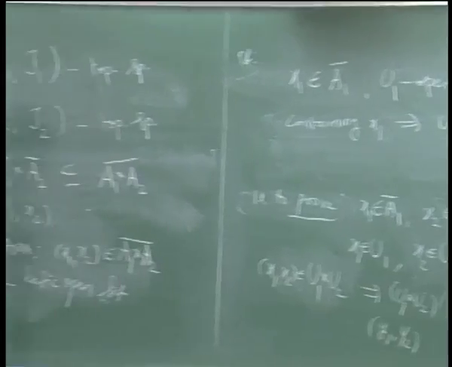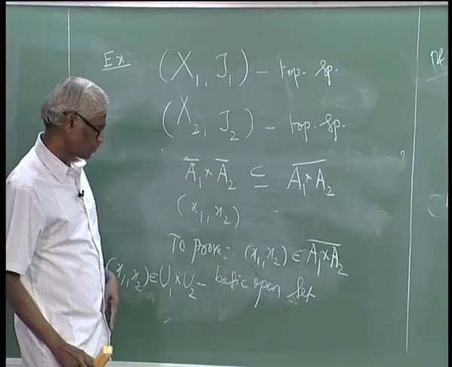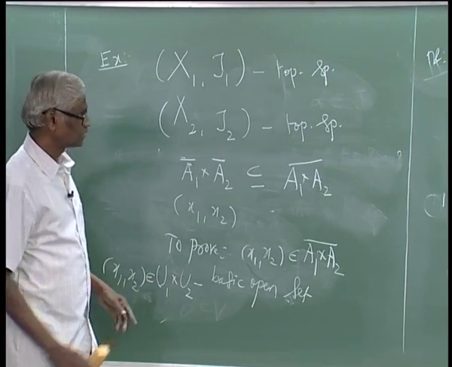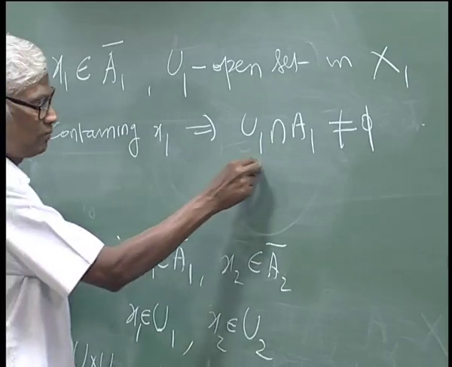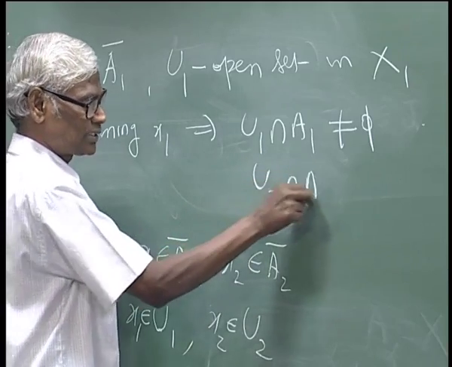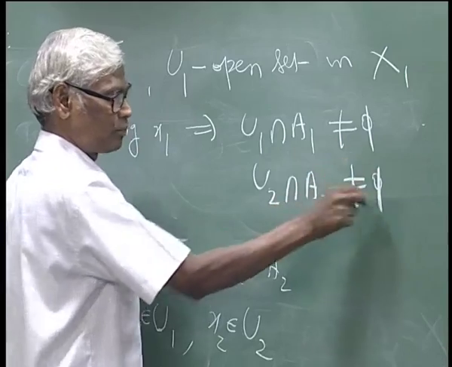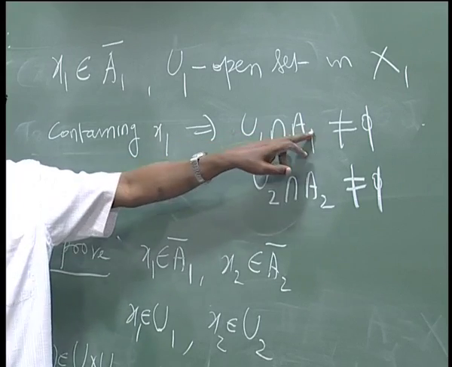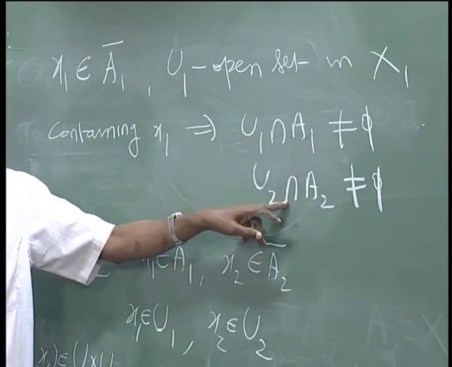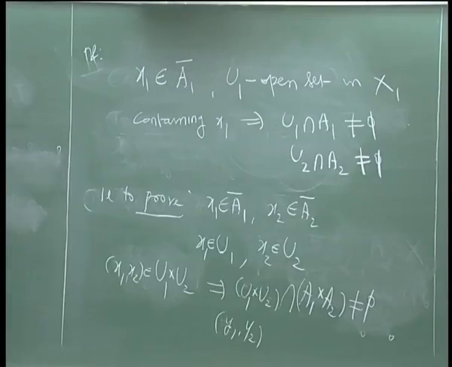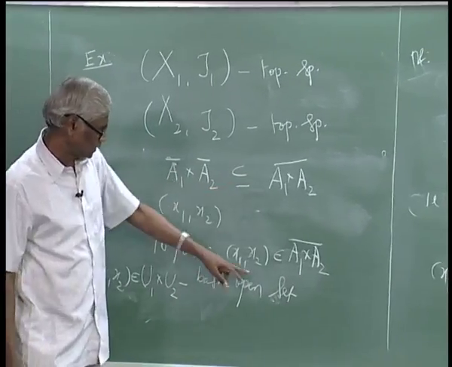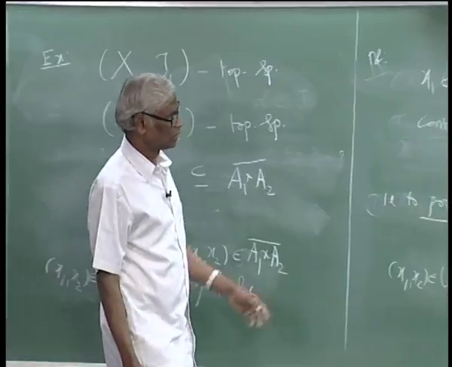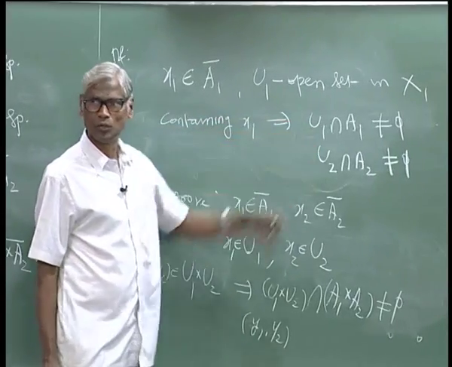Similarly, we have x2 belongs to A2 closure, here U2 is an open set containing x2, then using that we can prove that U2 intersection A2 is non-empty. So, then take some y1 in U1 intersection A1, y2 in U2 intersection A2, then prove that that is the common element of A1 cross A2 and U1 cross U2.